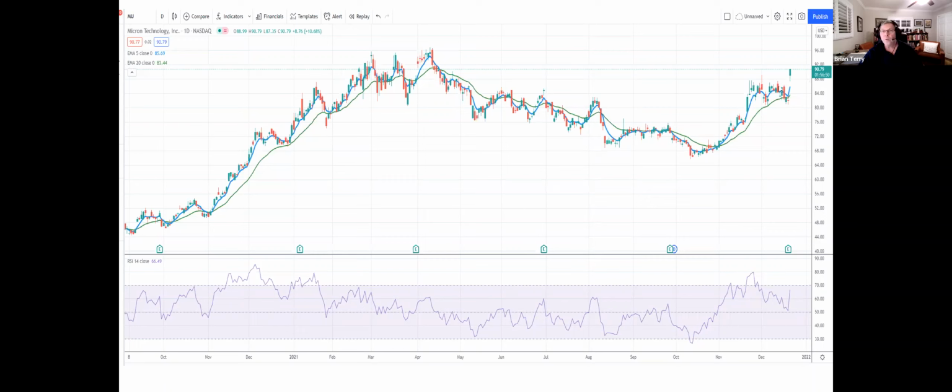You've had multiple red candles prior to it, and then it gapped over that. Yep, I see that. And then you have this room from here up to this level where you don't have any resistance. That's called the void. Yeah, I got it. Does that make sense? Yeah.